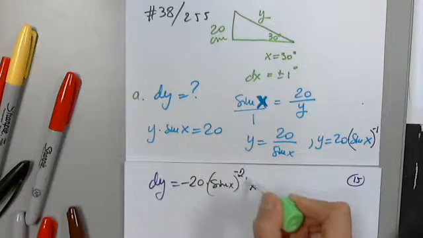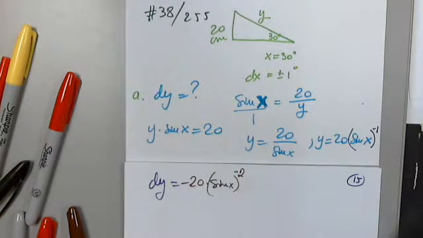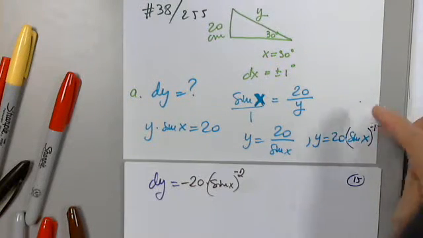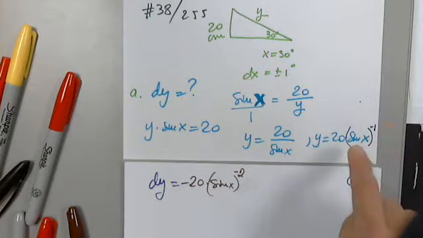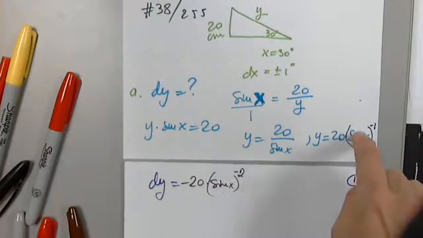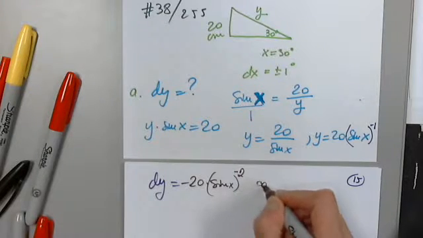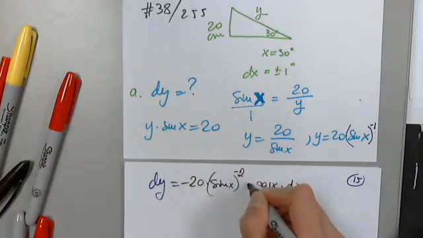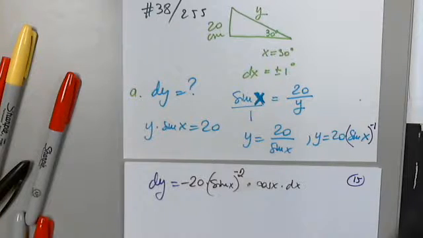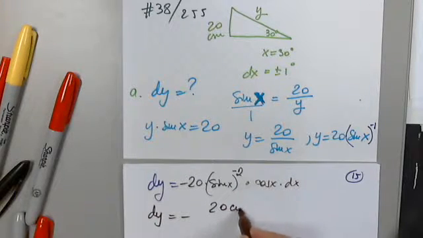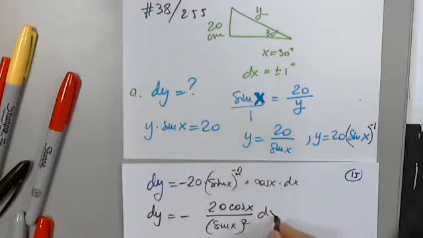Remember, we are differentiating the power. One more time. This is a function raised to a power. I bring the power down, I subtract 1 from the power, and I have to differentiate the inner function. No, this is just cosine. Cosine x times dx. Is that clear? Because of the power. Okay, so in short, this is -20 cosine x over sine x squared dx.